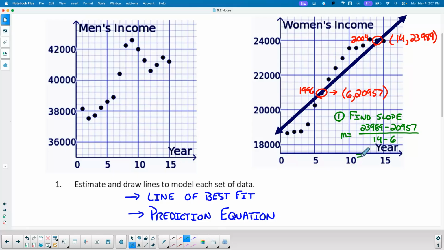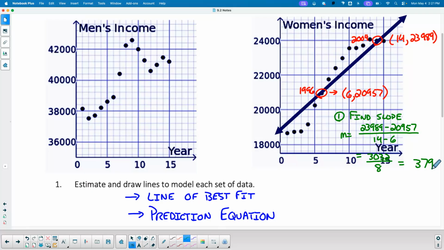I got 30,032 over 8, which is 379. We don't even need to worry about decimals on this one, unlike other ones you have.